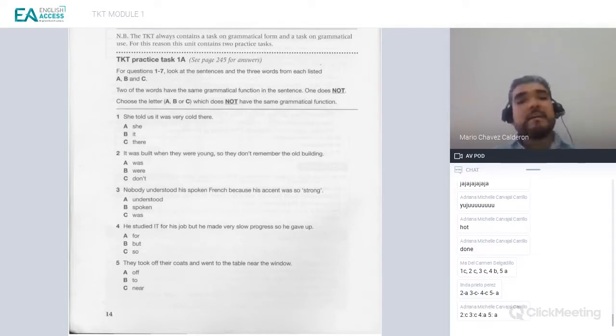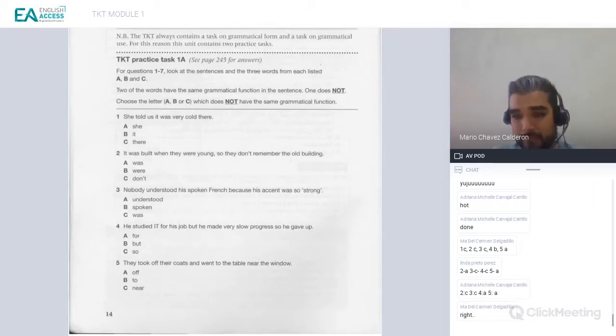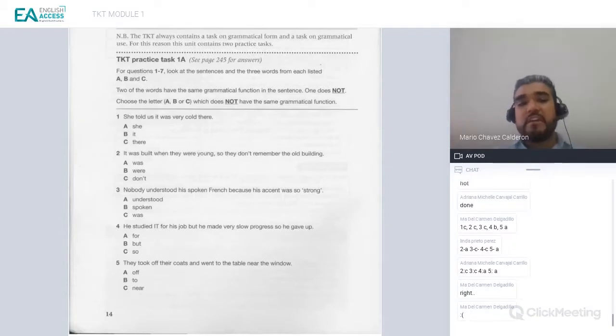Understood, it's main verb. Nobody understood is the main verb. Spoken French. When you say spoken French, spoken is not a verb. Spoken is an adjective. It is the past participle, but over there we're using it as an adjective which describes French. Was is a verb, the main verb. So the answer is letter B.